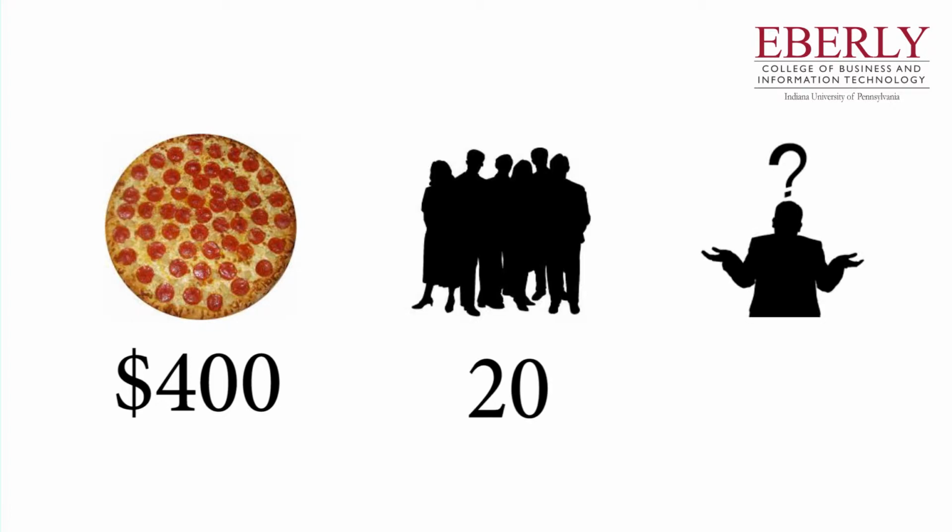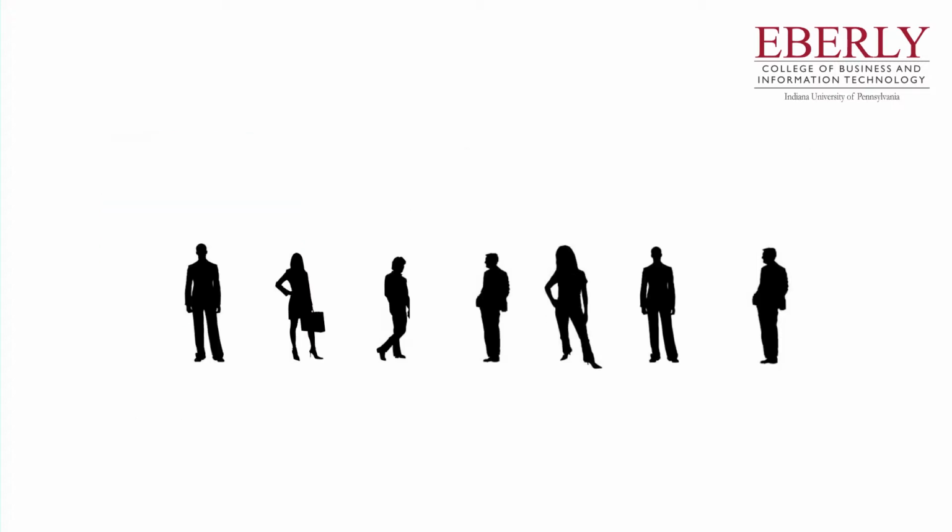Can you really track what has been consumed by each of the friends individually and then charge? It would become very difficult because it's very difficult to track what has actually been consumed by each of those friends. However, you can take those $400 and divide it by the number of friends, which is 20. So if you divide the 400 by 20, it becomes $20 per friend.